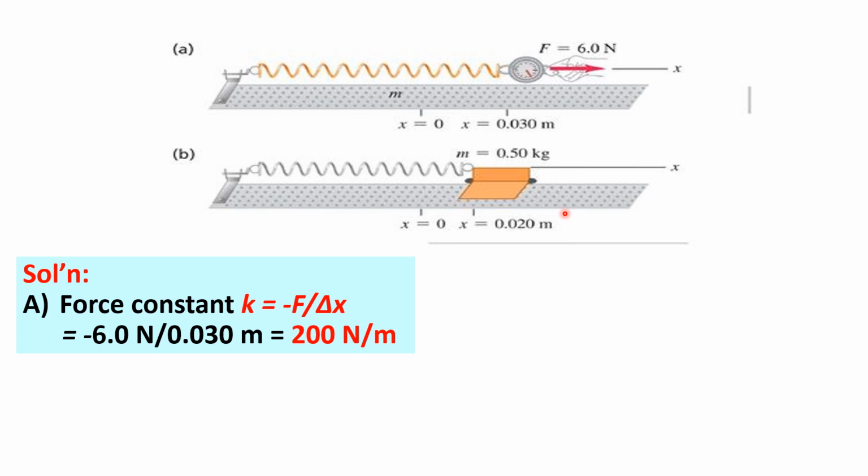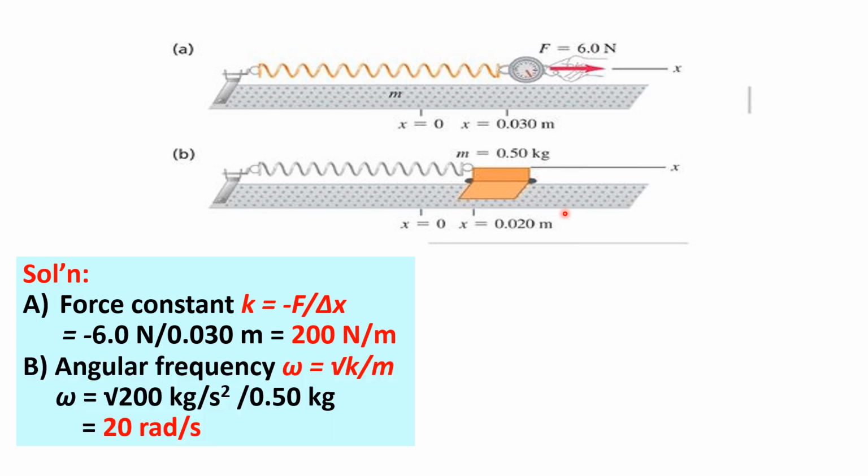The problem letter B is asking us to determine the angular frequency denoted by omega. So this angular frequency omega can be determined using the formula square root of K divided by the mass m. We already know what the force constant K is, and the mass of the glider is given, so we just substitute.